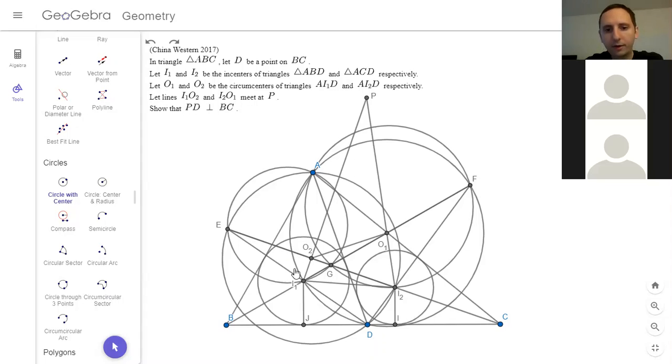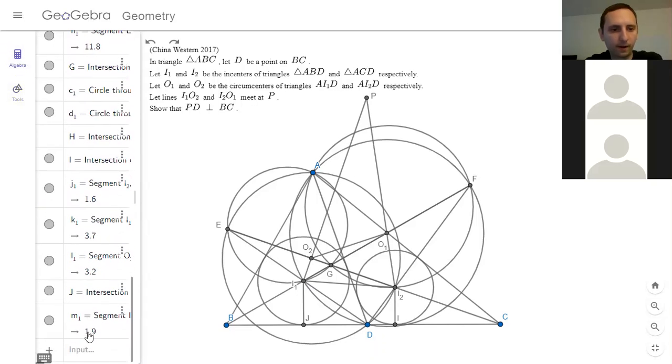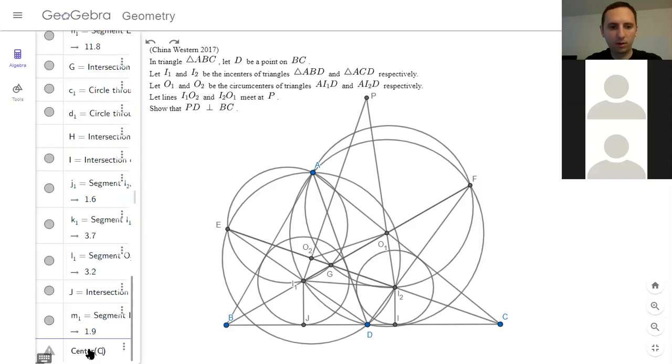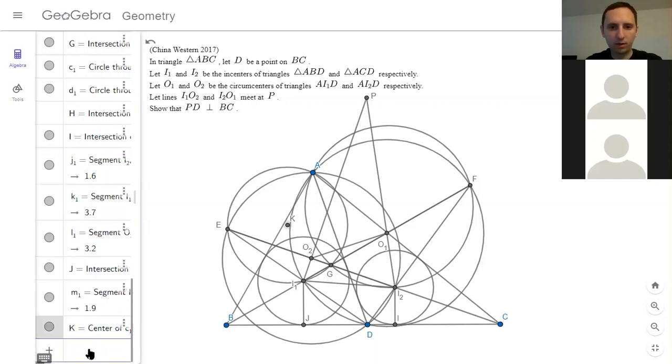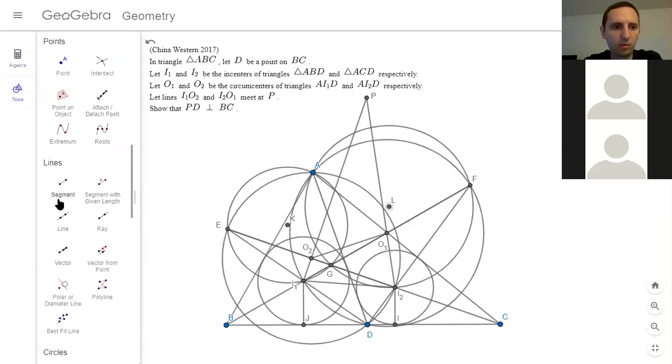So what if we draw the centers of E I G and F I2 G, the centers of those circles? And that's obviously perpendicular to AG.